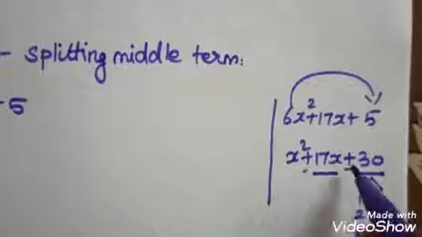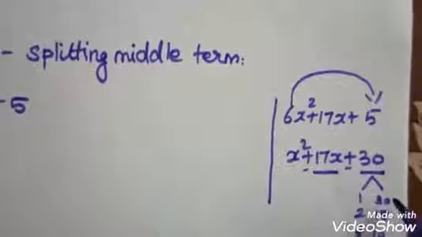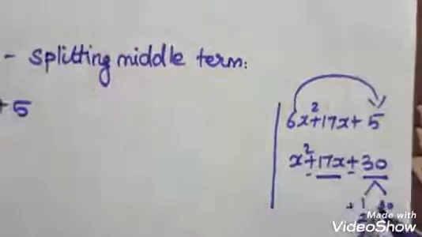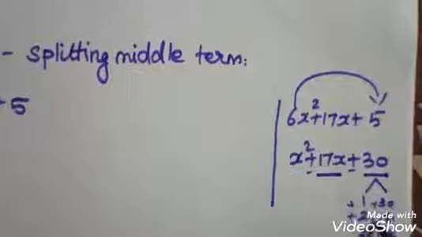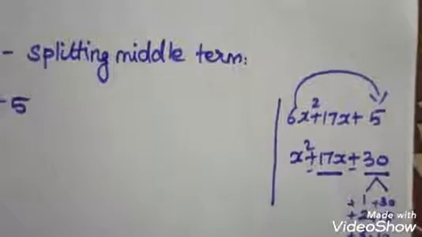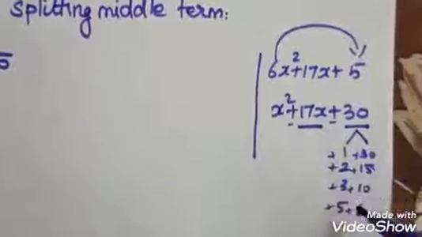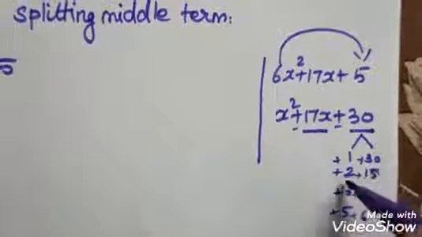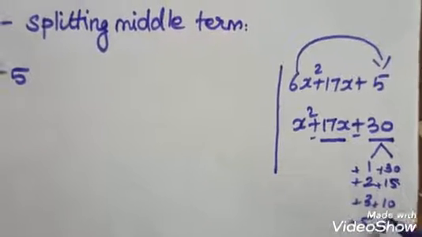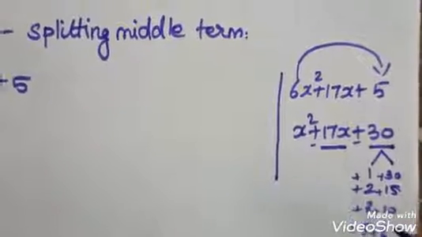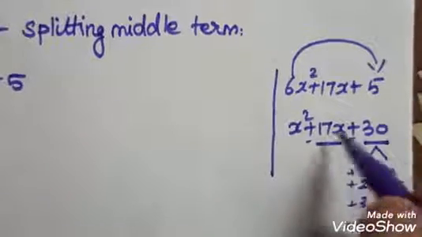In this condition, both values are positive. All these factors have product 30: 1 times 30, 2 times 15, 3 times 10 and 5 times 6. We need to add them to get 17.